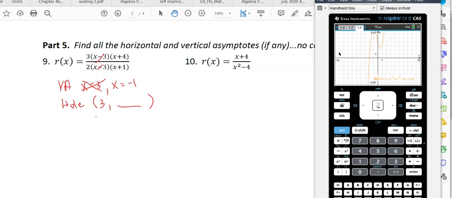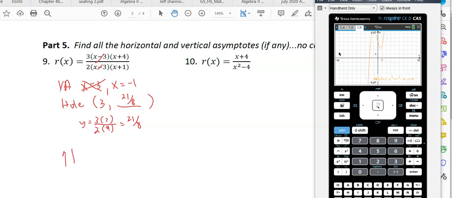So we get 3 times 3 plus 4 is 7, over 2 times 3 plus 1 is 4. You get 21/8. Wow. That's where your hole is.